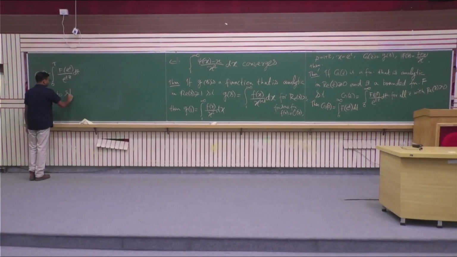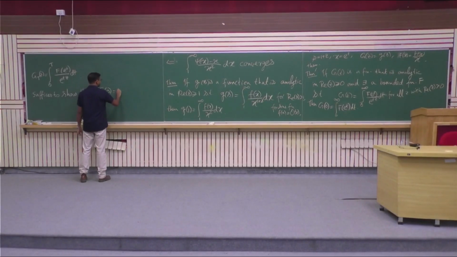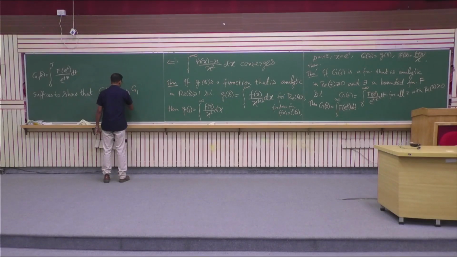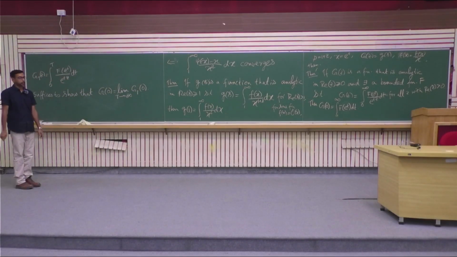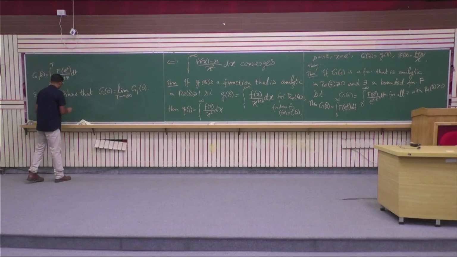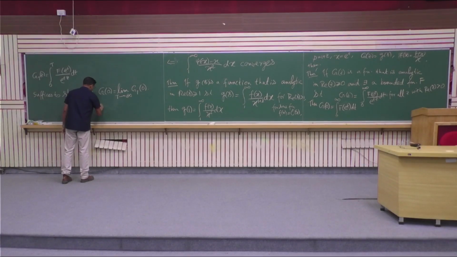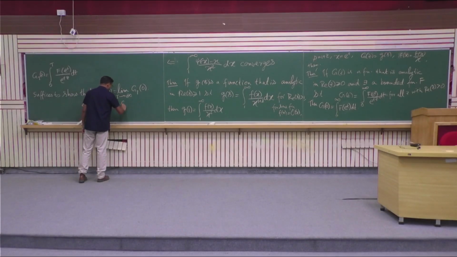We want to show this via contour integration over some nice contour. So we want to show that the limit as T goes to infinity of G of 0 minus G_T of 0 is equal to 0. That's what we want to show.